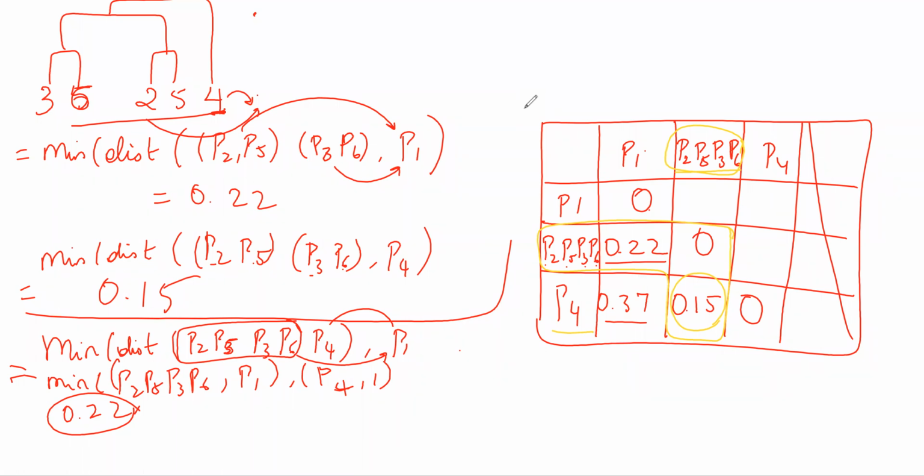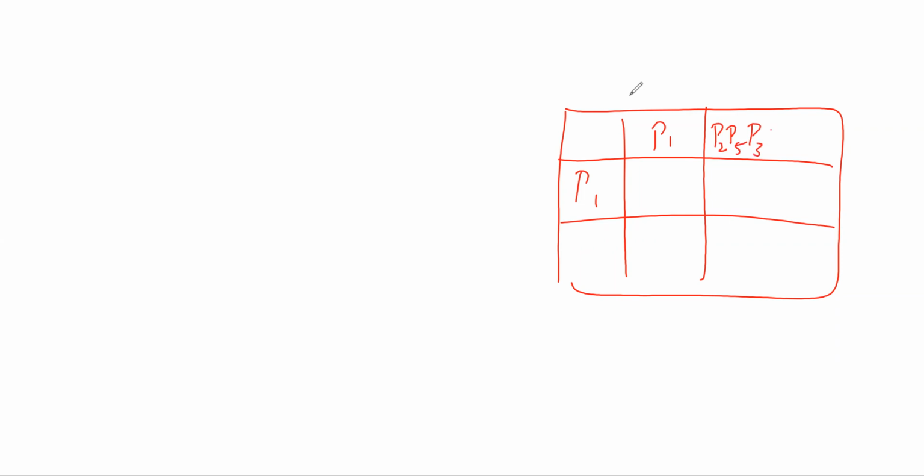So I'll just rewrite the distance matrix. I just have P1, which is the only point that I have. The remaining are P2, P5, P3, P6 and P4.